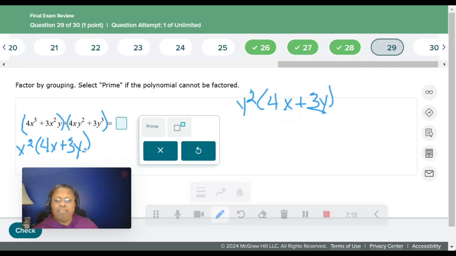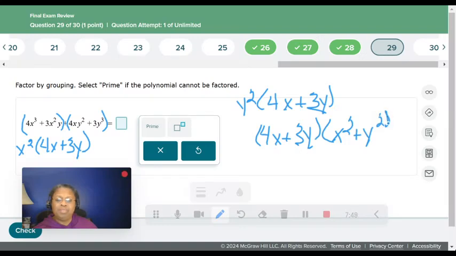They both have this factor, so we will have 4x plus 3y. And what's left outside of the parentheses, we would group those two together, and that's going to be x squared plus y squared.